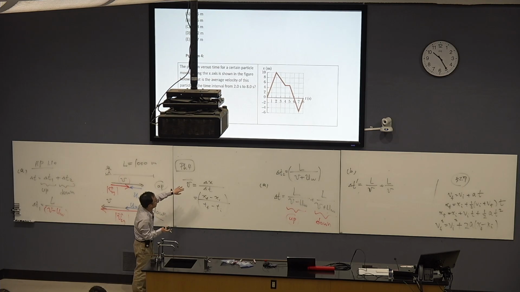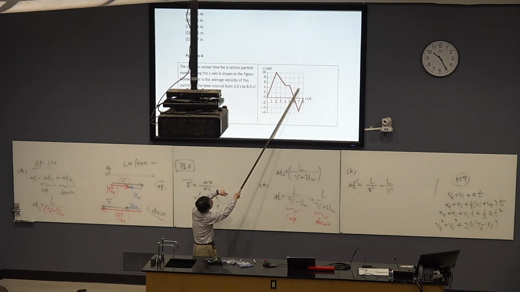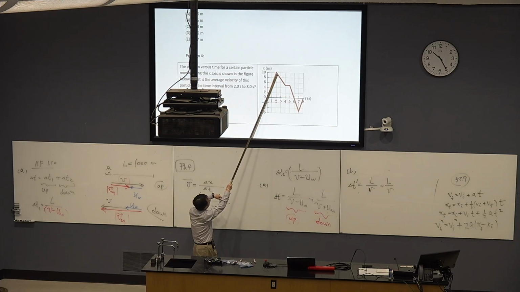Now, can anyone tell me, when you do the computation for this problem, at 2 seconds the position is here, and at 8 seconds it is here. Should the average velocity be positive or negative in this case? Negative, because at 2 seconds, x is much higher, and at 8 seconds, x is 0.